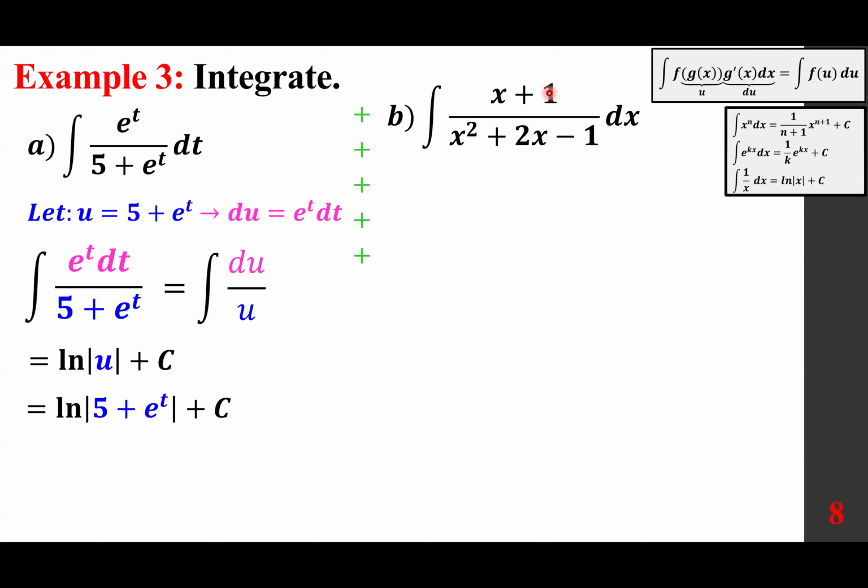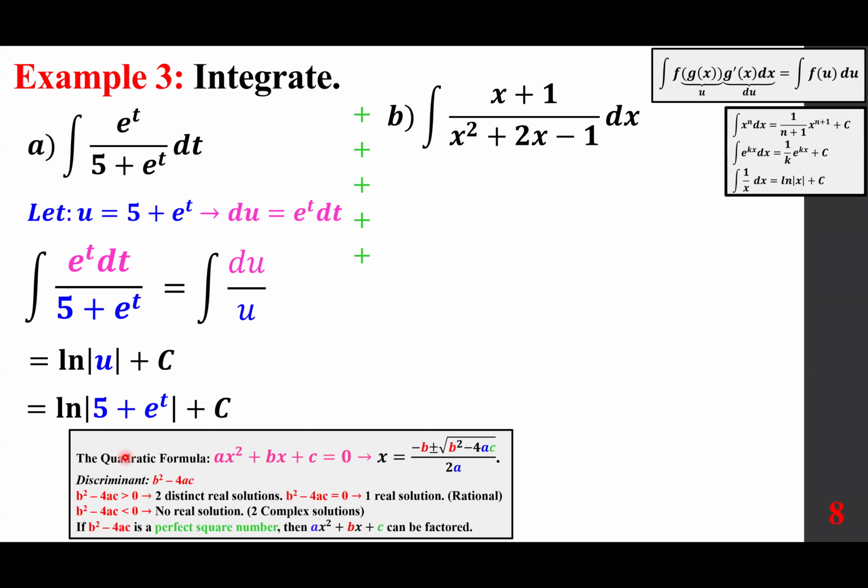How do you know you can't simplify? I want to make sure everybody understands what's going on. So, reminding you of the quadratic formula, ax squared plus bx plus c equal to 0. X is minus b plus minus the square root of b squared minus 4ac over 2a. The discriminant is b squared minus 4ac. Why is it called a discriminant? Because it gives you a lot of information.